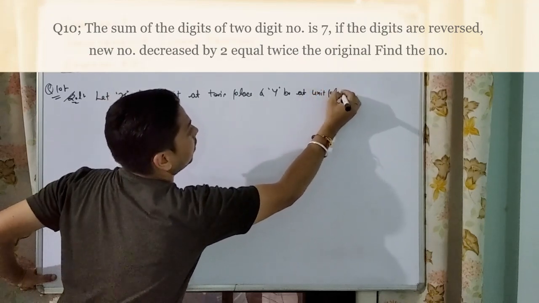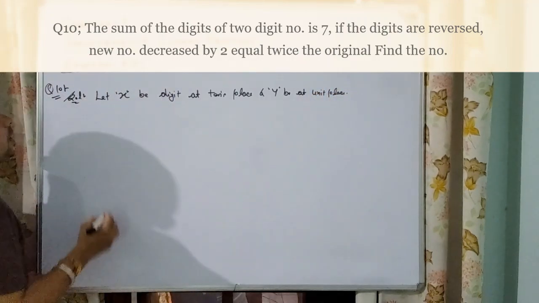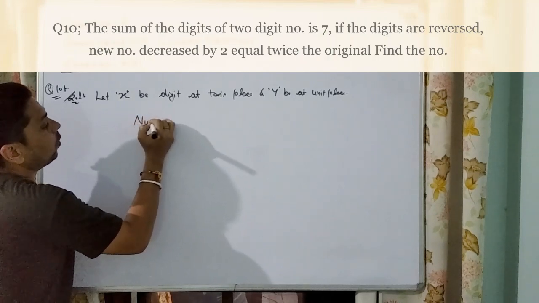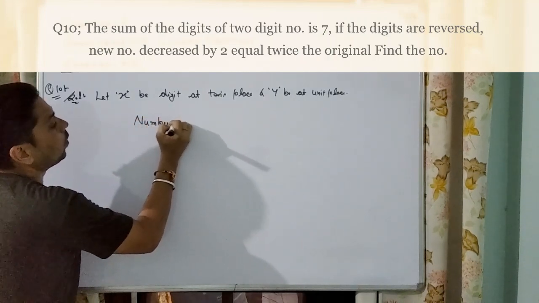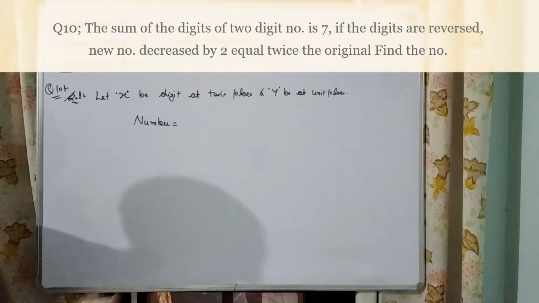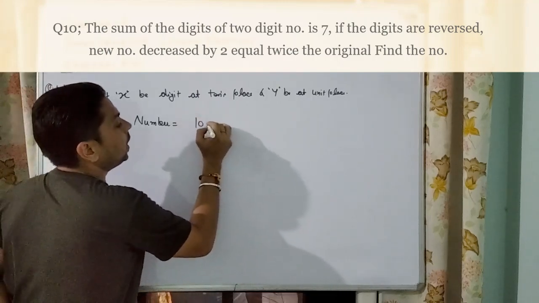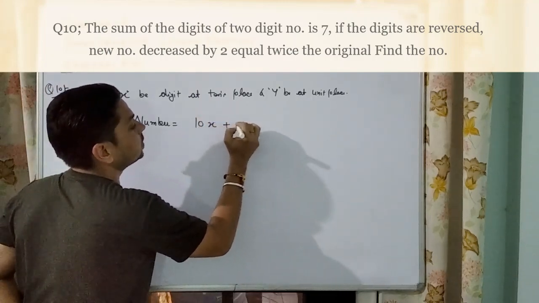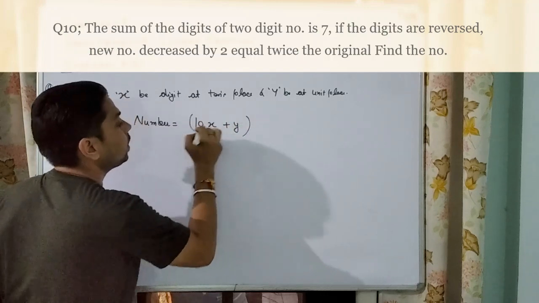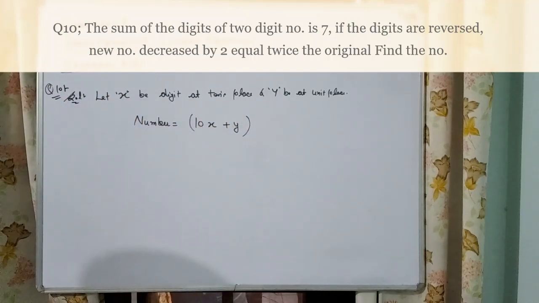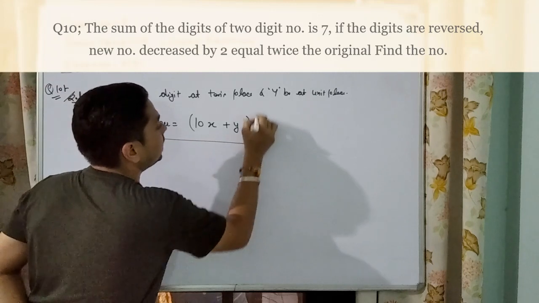So the general form of the number, the required number, will be equal to 10 multiplied by x plus y. This is the required number that we have.